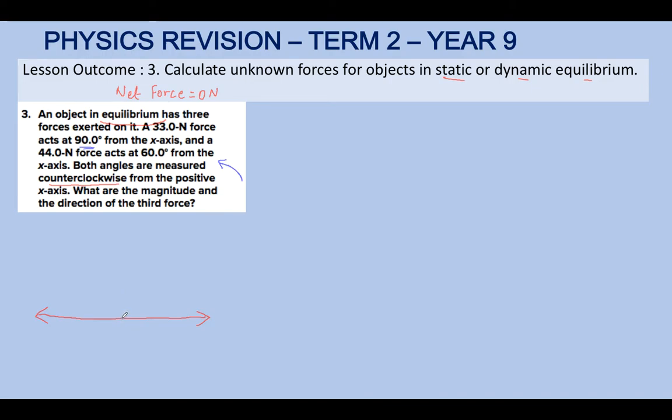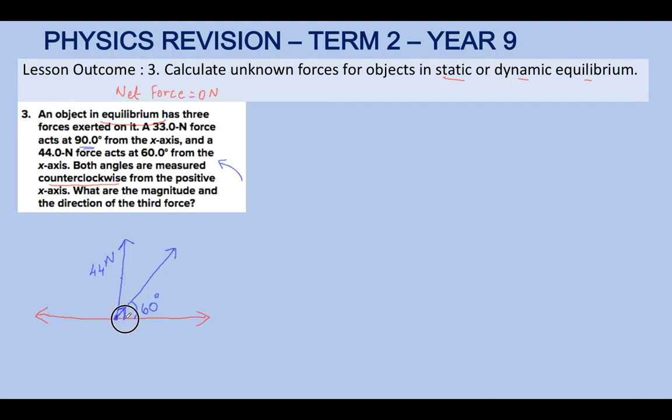So if I take one of the forces to be at 90 degrees, so you have that 44 newtons here, which is at 90 degrees from the x-axis, right? That's the first force. Then the second force is at 60 degrees from, again, the x-axis. You are measuring it counterclockwise, so which is also between this 90 and this, somewhere, say roughly about here, right? So this is the second force.